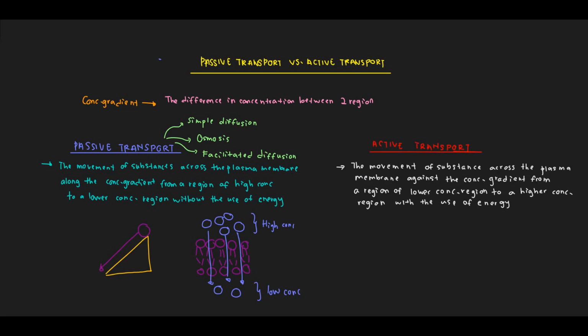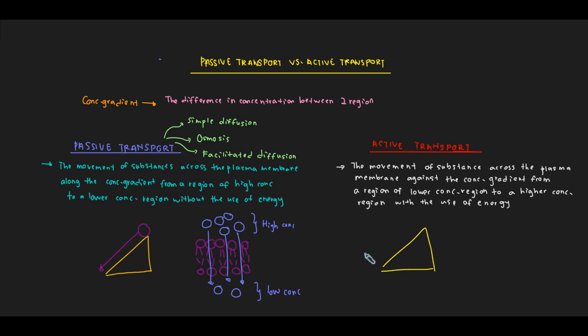The definition of active transport is the movement of substance across the plasma membrane against the concentration gradient, from a region of lower concentration to a higher concentration region, with the use of energy. If I draw the same slope and the same ball, this is the position of higher concentration to lower concentration region.